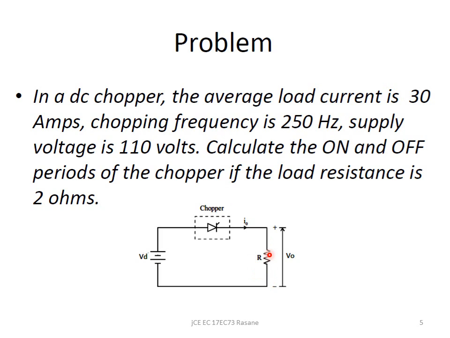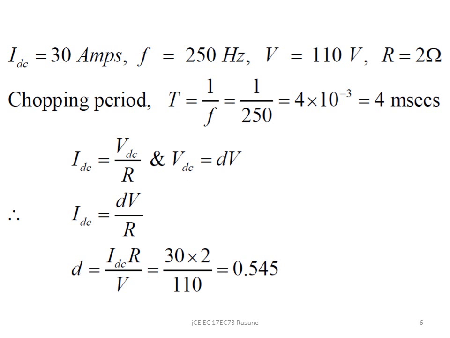So the load resistance is 2 ohms, the input voltage is 110 volts, the chopping frequency is 250 Hz and the current that is flowing is 30 amperes. This is what they have given you, and you are supposed to find the on and off period of the chopper. So IDC is given as 30 amps, that is the load current. Frequency is 250, input voltage is 110 and the load resistance is 2 ohms.